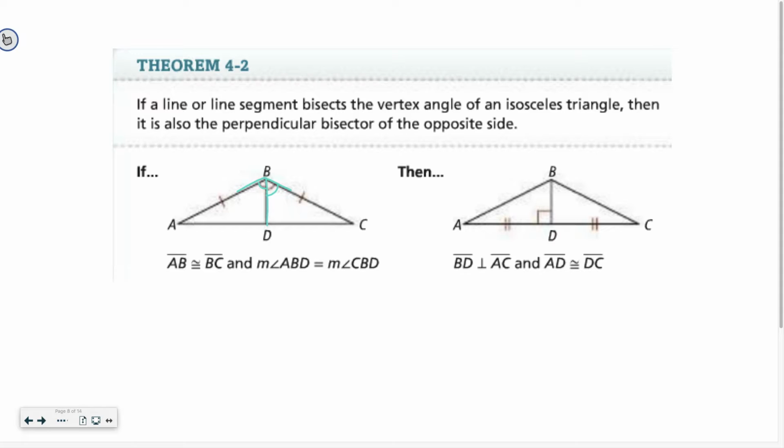So if a line or line segment bisects the vertex angle of an isosceles triangle, then it is also the perpendicular bisector of the opposite side. So if these two angles are congruent, that means that it's going to meet the next line at a 90-degree angle, and that it's going to cut this whole segment in half.